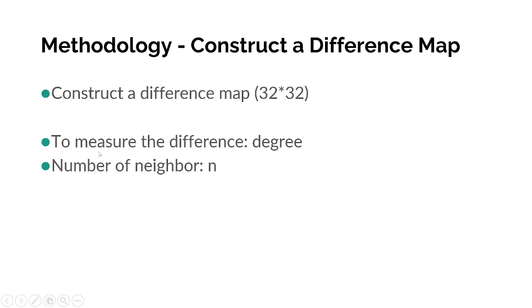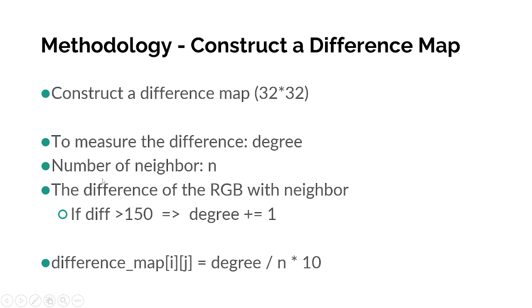He measures the difference in every pixel, and he checks all the neighbors of every pixel, and he proposes an equation of the difference. He just defines the difference by himself.